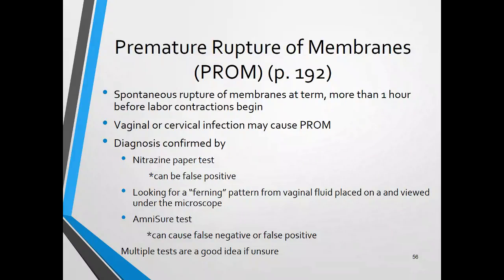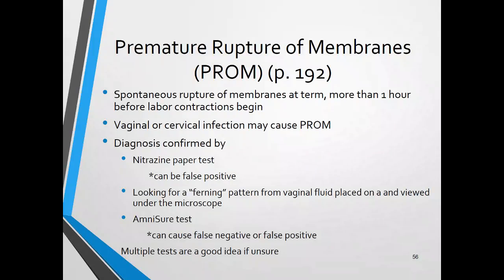Another thing that we've talked about in class or in lecture or in simulation lab is premature rupture of membranes. That's the spontaneous rupture of membranes at term, more than 1 hour before labor contractions begin. This can be diagnosed through the nitrazine paper test.